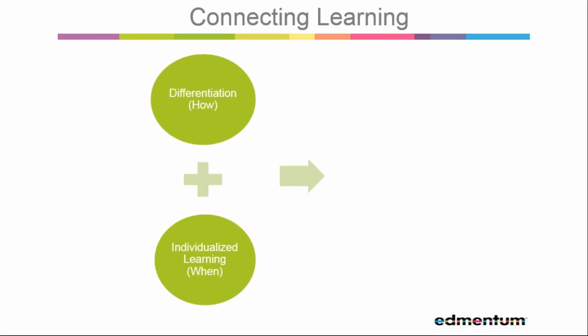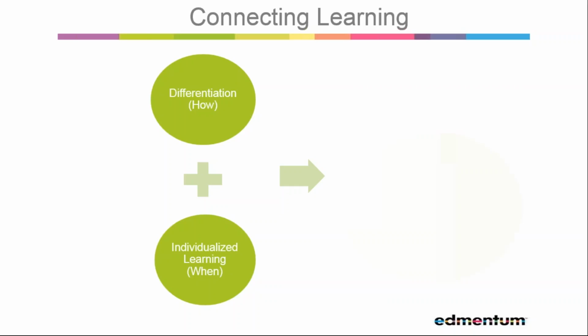And I think when you take that term differentiation, focusing on making sure that you're providing learning or instruction that's tailored to meet those individual student needs, and you combine that with that unique aspect of individualized learning, where we're teaching which content or instructional technology, and that pace is really focused on the abilities and interests of your learners, and that focuses on that when.